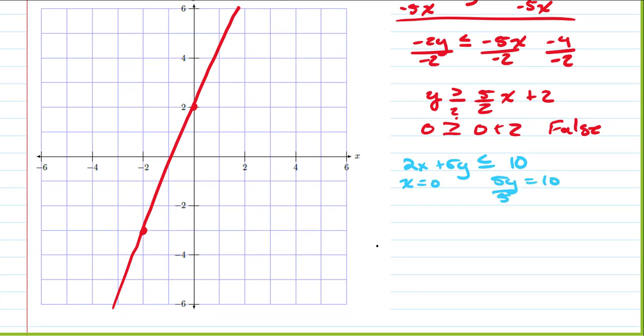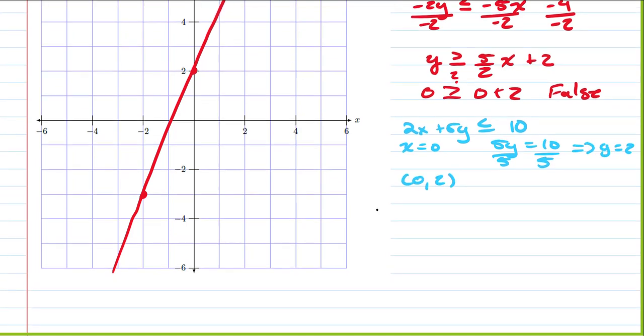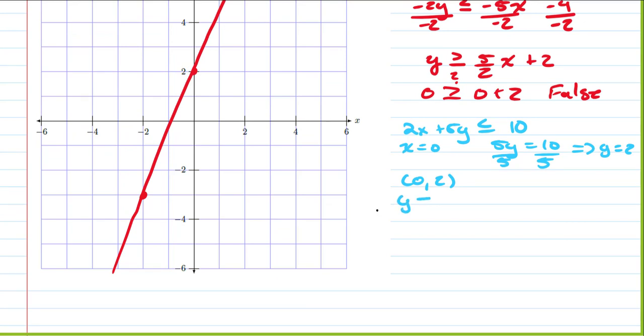So if we pick x equals 0, that gives us 5y equals 10. We divide by 5, we get y is 2. So we get the ordered pair 0, 2. And if we pick y equal to 0, that gives us 2x equals 10. Divide by 2, we get x is 5. So that gives us 5, 0.